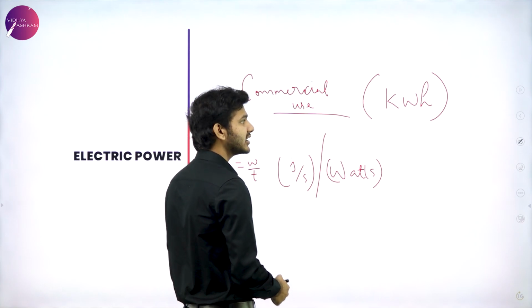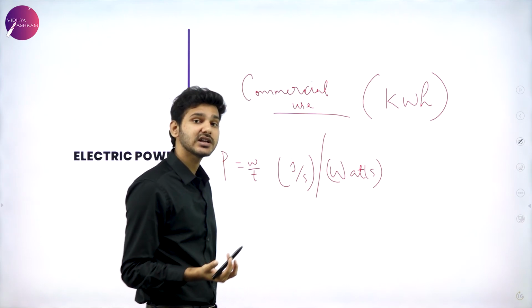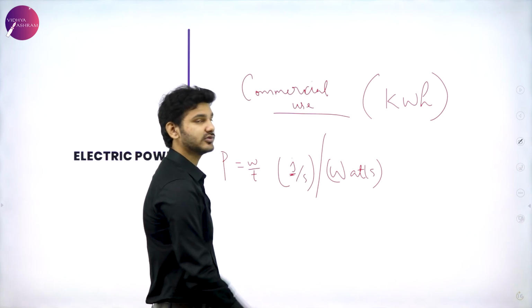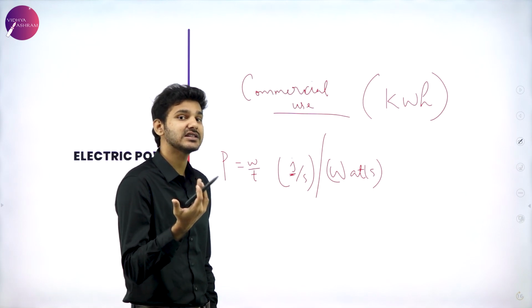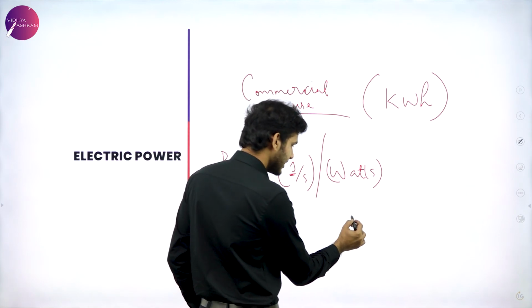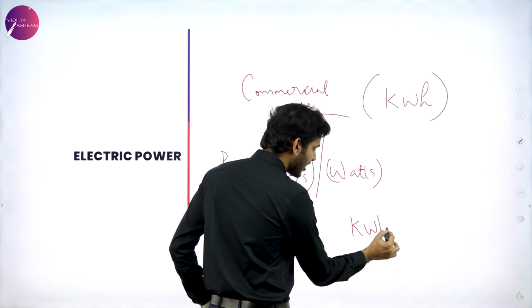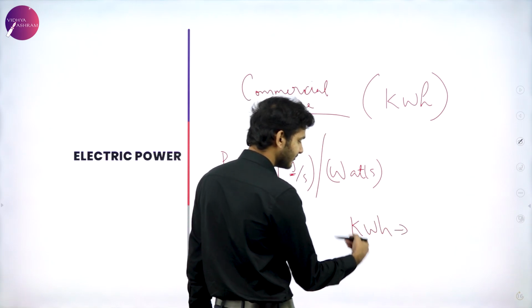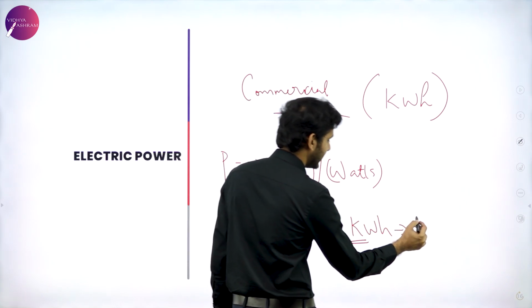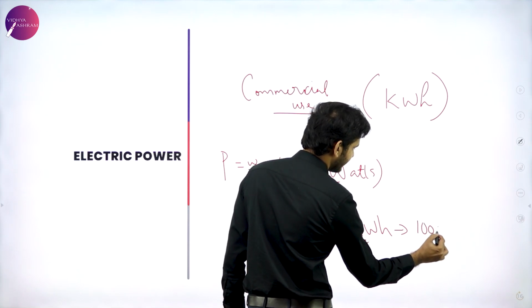This kilowatt hour can be written in terms of joules also. So kilowatt hour can be written as, how much is kilo? 10 raised to 3, that is 1000.